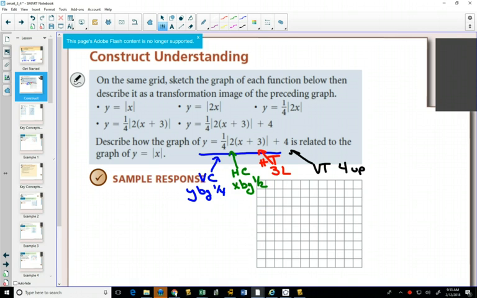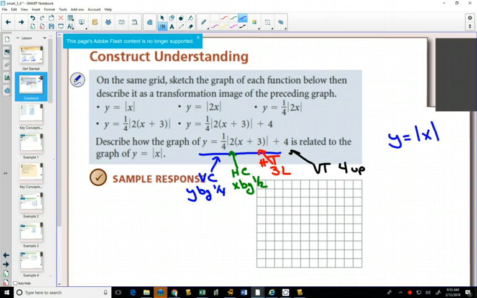What we're going to be doing every time is thinking about, what does my original graph look like? Well, if I saw this big long equation, I would pull out of that, I see an absolute value. And I know what my basic absolute value graph looks like.